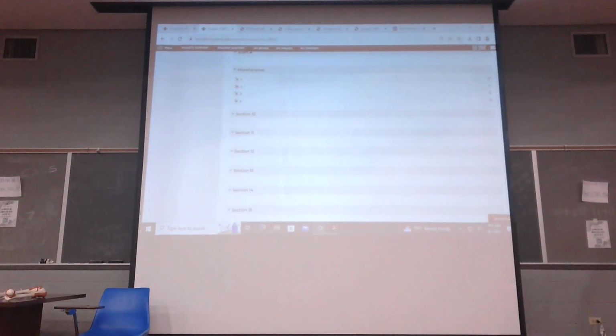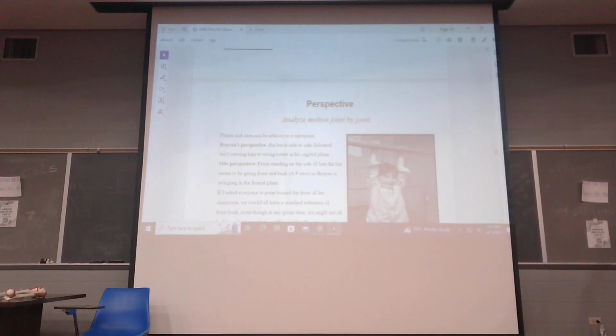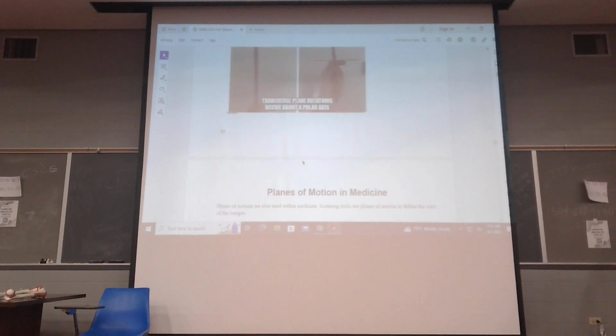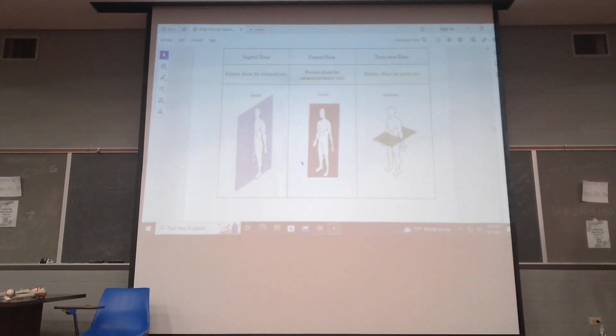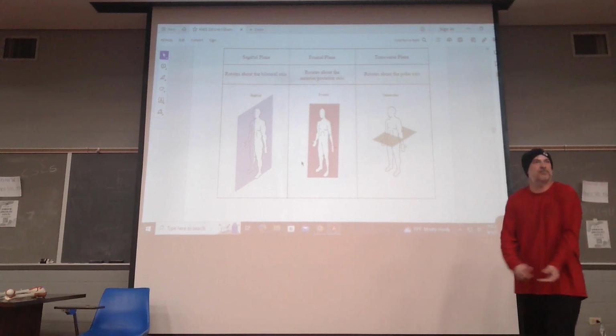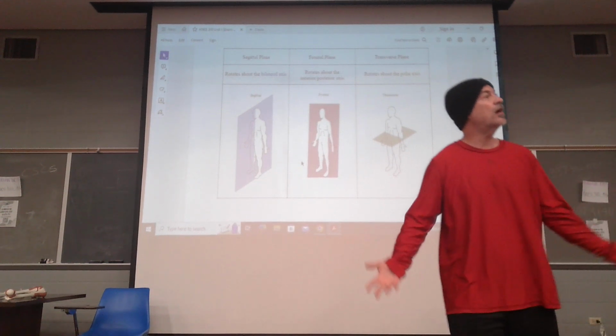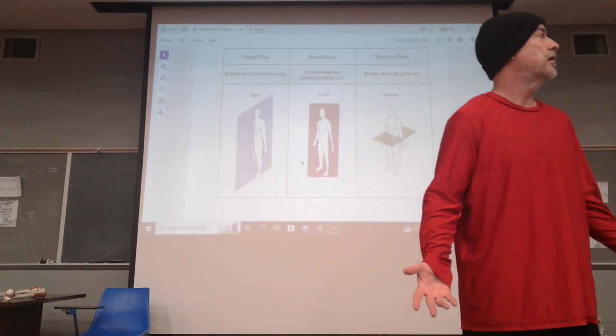Does everybody, and you can lie to me, that's fine, see that one of the biggest issues with these concepts is that there's no motion. It's just a fixed picture. How do you give context to movement?